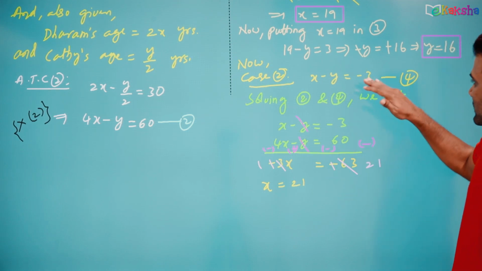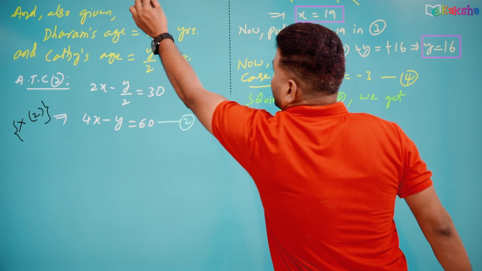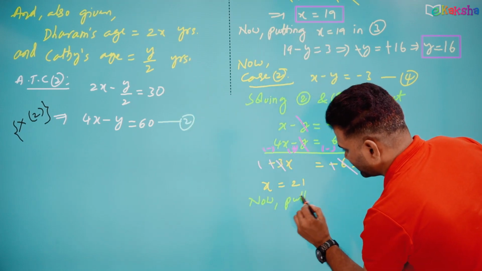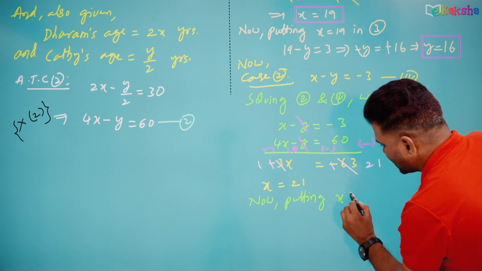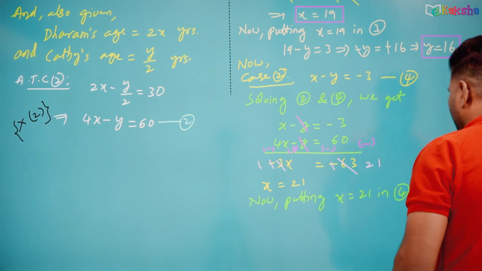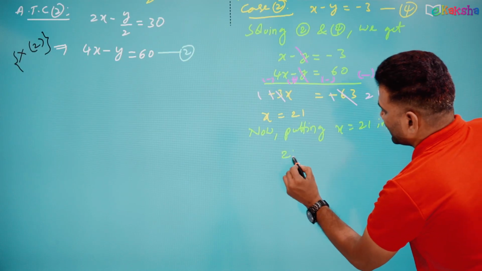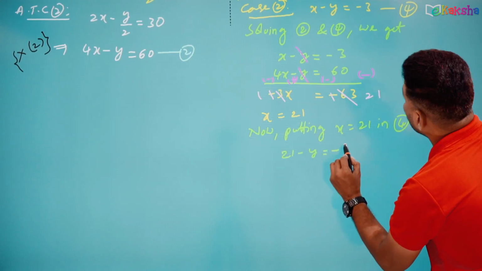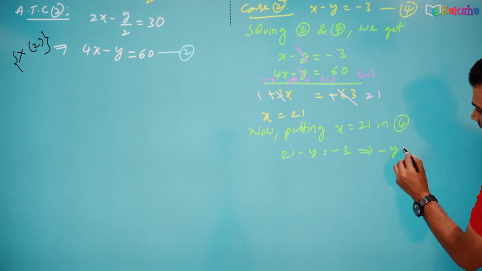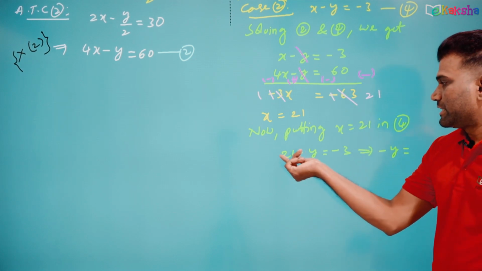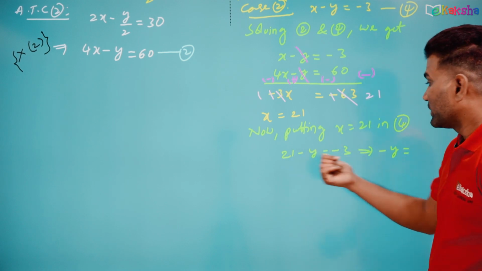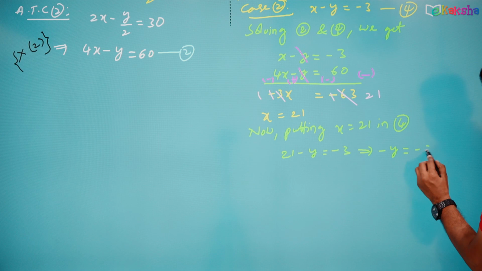So which one is simpler? Here. Now putting x is equal to 21 in 4, 21 minus y is equal to minus 3, and from this minus y is equal to, on shifting this 21 to this side, here it is positive, other side it becomes negative, negative 3, negative 21, that is negative 24.